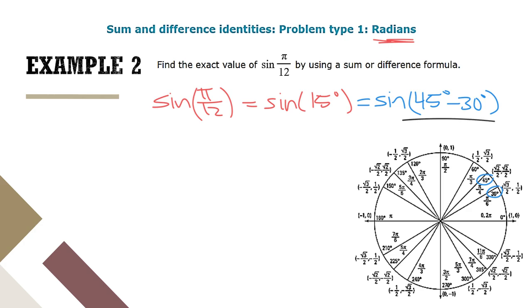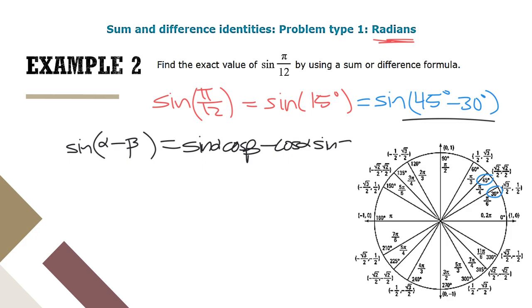So notice how we're subtracting. So the identity we're going to do is the sine of alpha minus beta is equal to, let me rewrite, the sine of alpha, the cosine of beta, minus the cosine of alpha sine of beta. So we're just going to substitute all of those in.